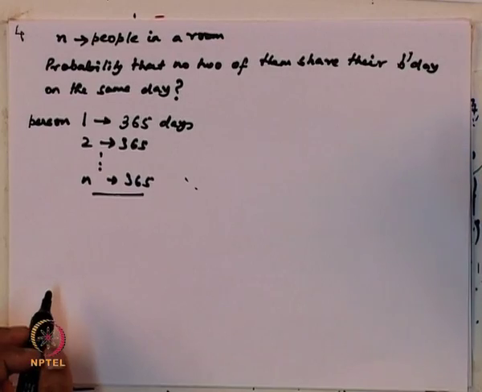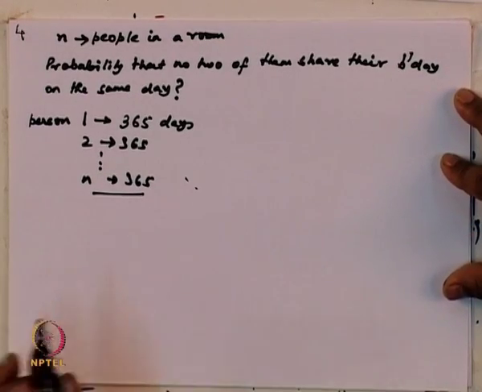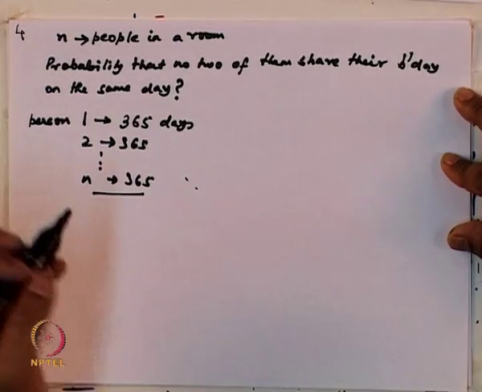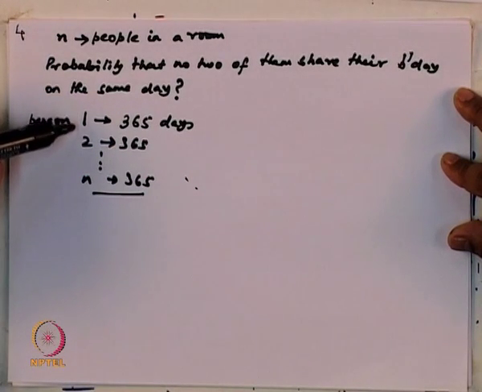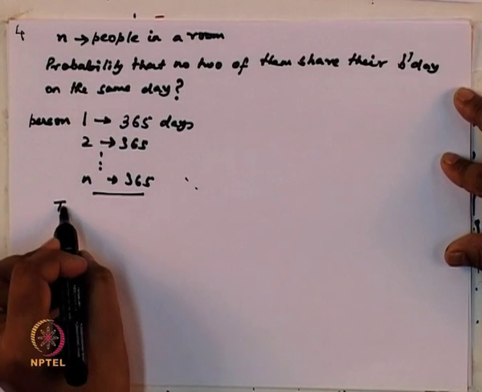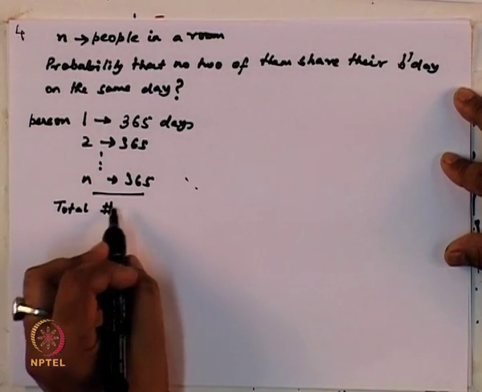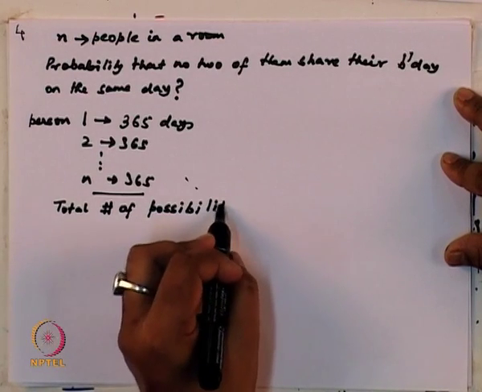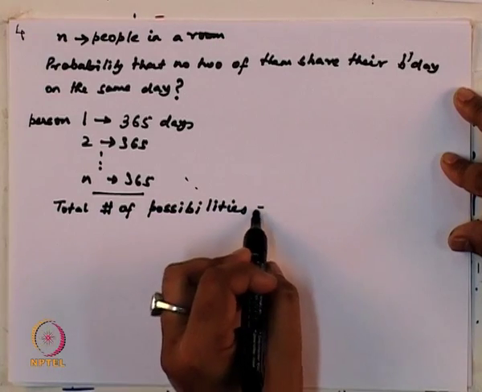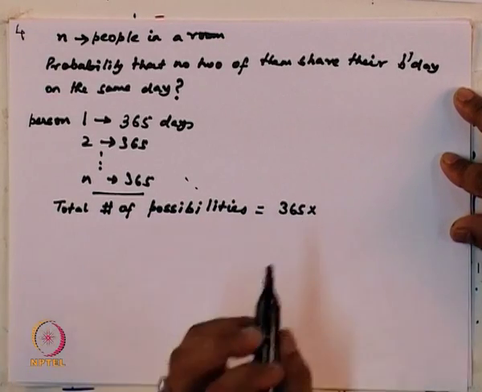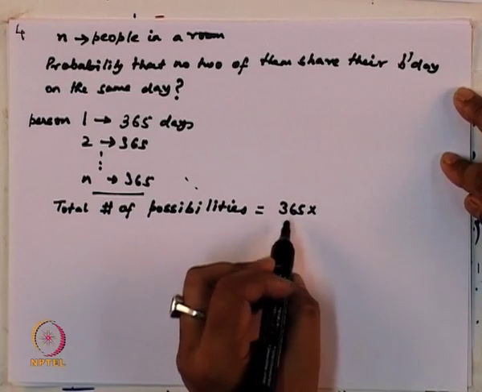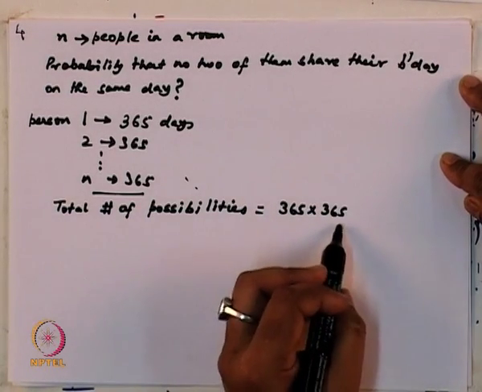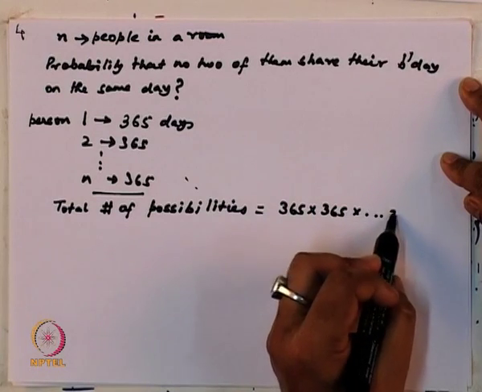So, what is the total number of possibilities? The total number of possibilities is nothing but their product, since the birth of person 1 and person 2 is not constrained. That means that 1 and 2 can be born on any day. So, the total number of possibilities is equal to 365 for the birthday of person 1, 365 days possible for person 2, and so on and so forth.